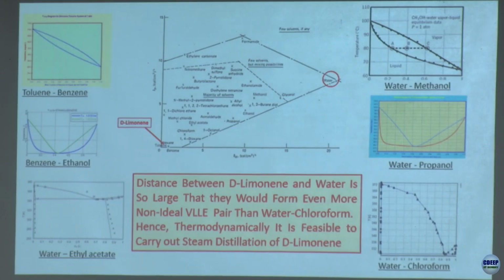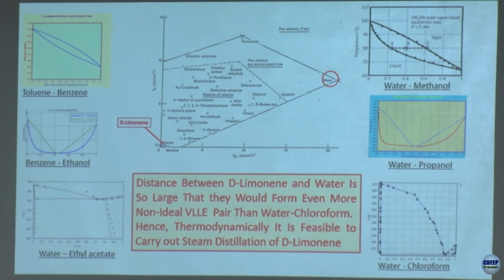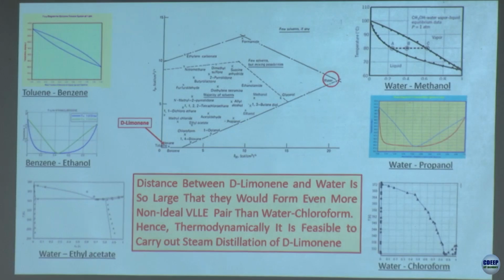In our case, we can safely say that D-limonene, which is a terpene with a chemical structure very similar to these kind of hydrocarbons, is at such a large distance that it is amenable for a liquid vapor equilibrium. Fine. So this is the reason why we said that we can go ahead with that particular proposition.